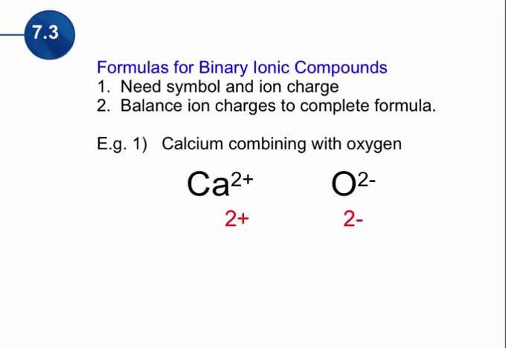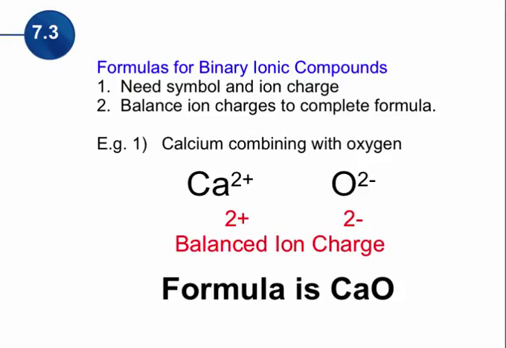Calcium is a 2+, oxygen is a 2-. The charges are already balanced, the same number of calcium and oxygen. Because of that, we have just 1 calcium and 1 oxygen, so we just combine them together. 1 calcium, 1 oxygen. Our formula is CaO.